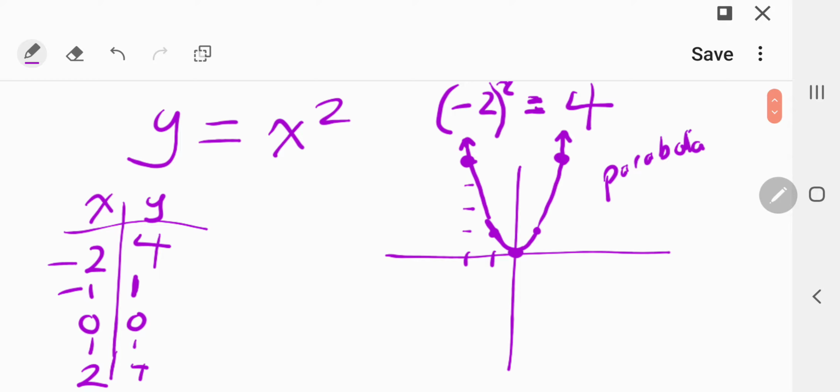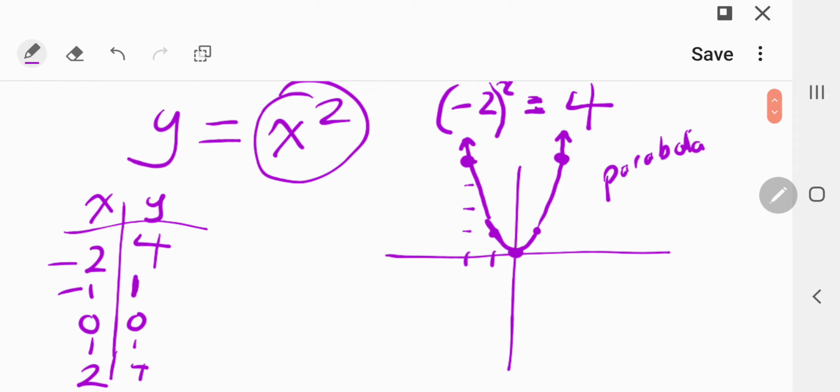So all squared functions have this shape. Now we can stretch it and squish it, flip it upside down, but they'll always do this. Why? Because when you put a negative number in and square it, you get a positive number.